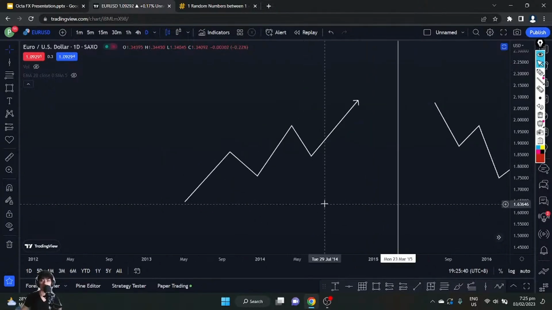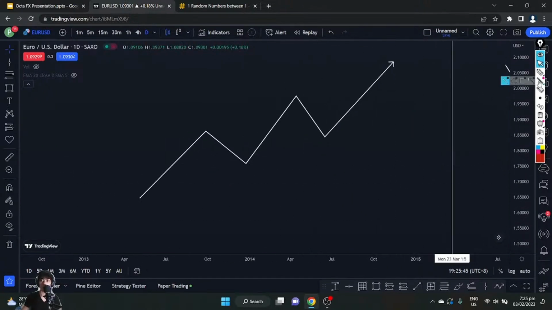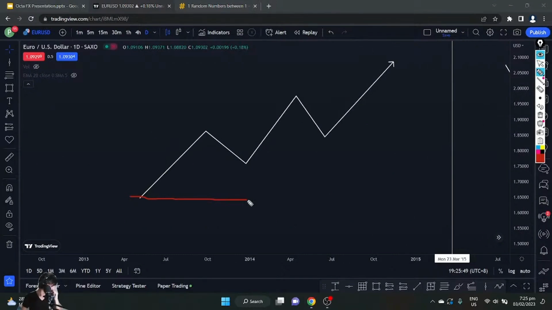So let's now talk about this. As we can see, this is the start of this uptrend move. The price went up, and then it went down again before making another move to the upside. This move right here is what we call an impulsive move.